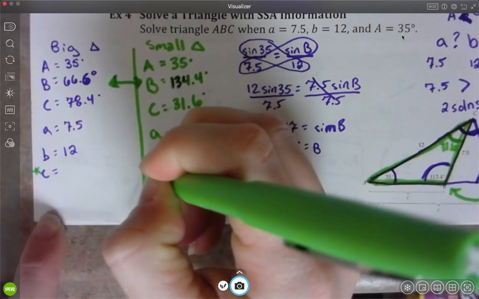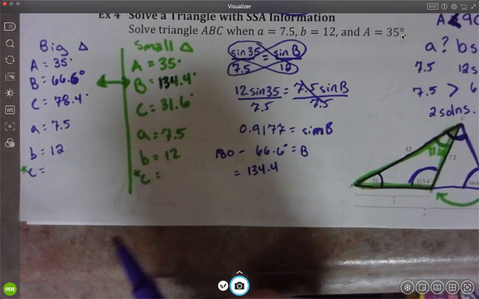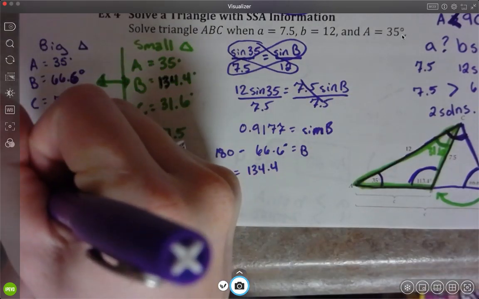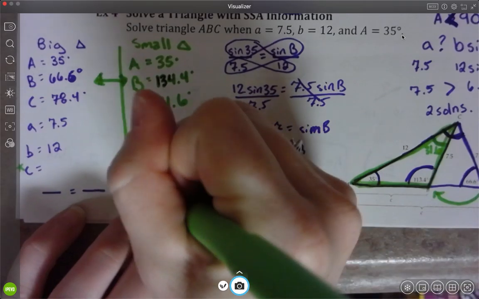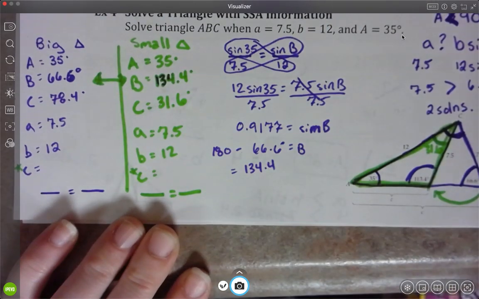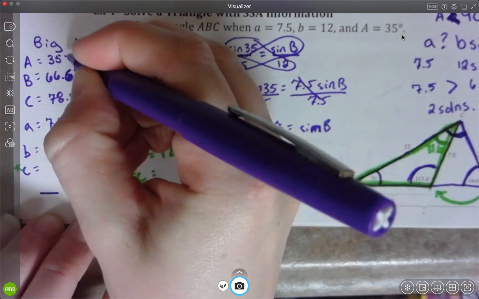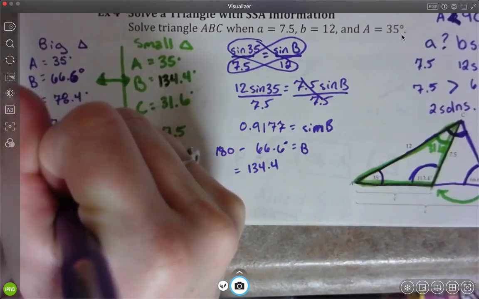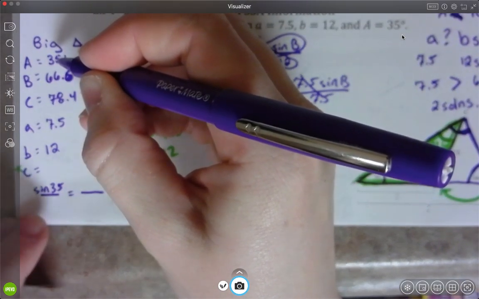Now the only thing that I have left to solve is my lowercase c's. So lowercase c here, lowercase c here. What I'm going to do is set up another law of sines for each one of those. They're going to look very similar to each other. Instead of using 66.6, I'm going to use 35. So I'm going to do sine of 35, and then think about what has to go on the bottom. If I use sine of 35, what number will have to go on the bottom here?